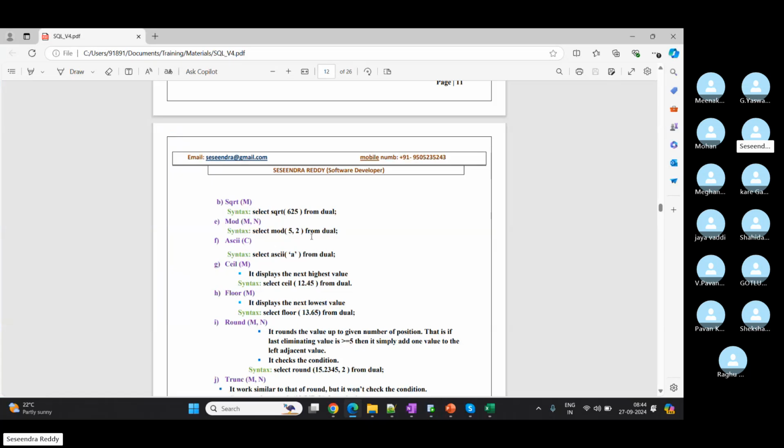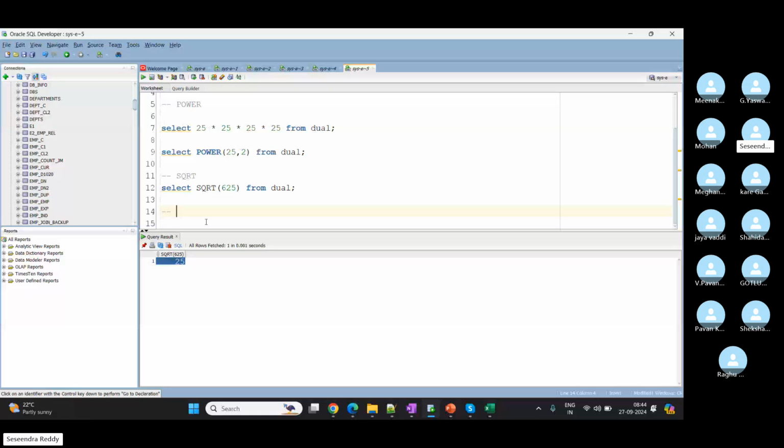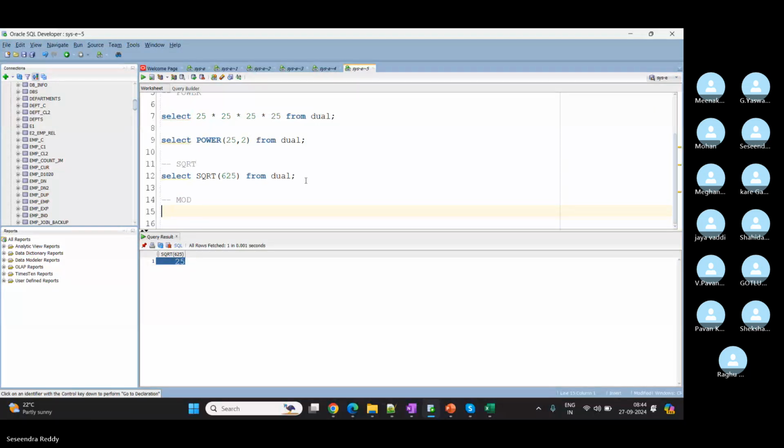So these are straightforward, you will get to know, and this one is the main important one, mod. You know mod, right? If we divide any number with another number, at the end there will be a remaining value.